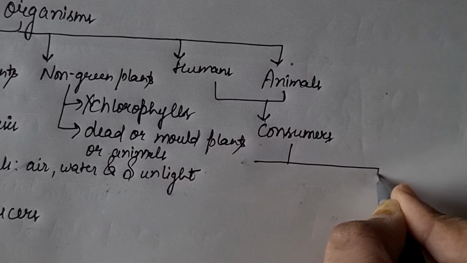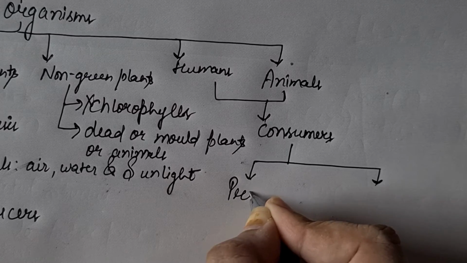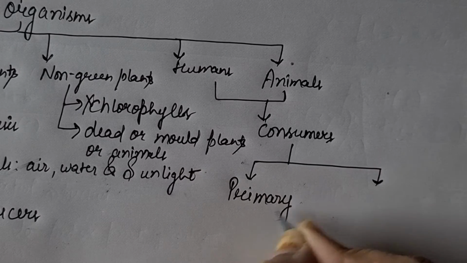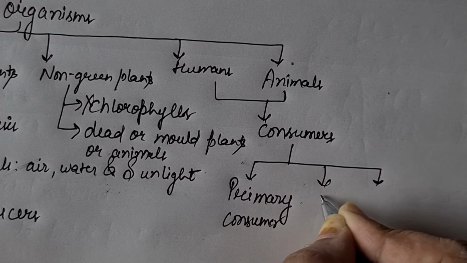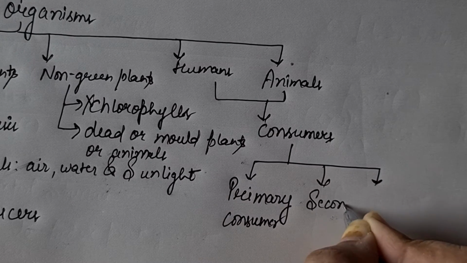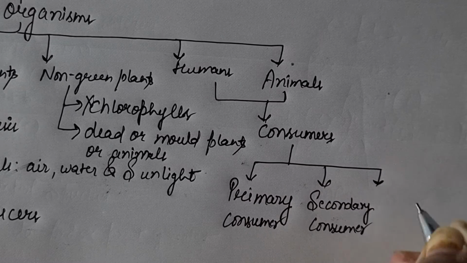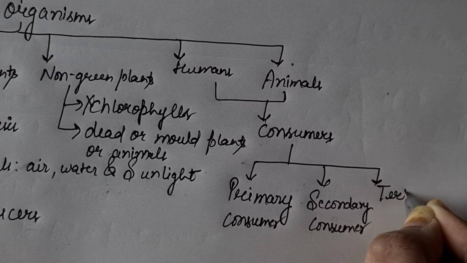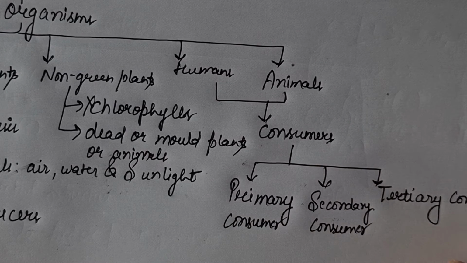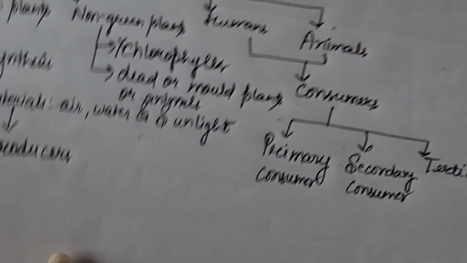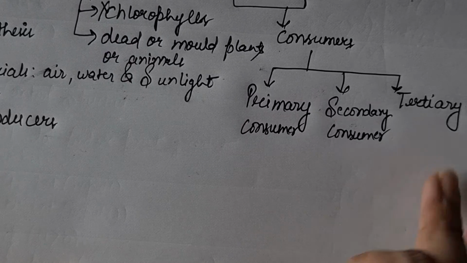Consumers are also categorized in three parts: primary consumer, then secondary consumer, then tertiary consumer. So primary consumer, secondary consumer and tertiary consumer.